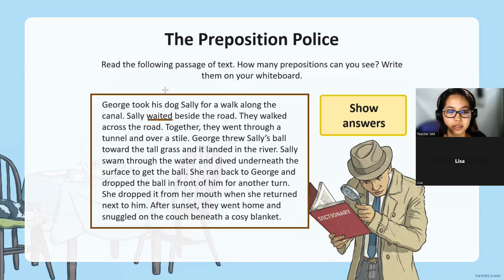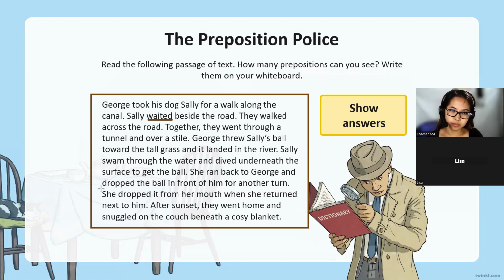George threw Sally's ball toward the water, and she dove deep underneath the surface to get the ball. She ran back to George and dropped the ball in front of him.